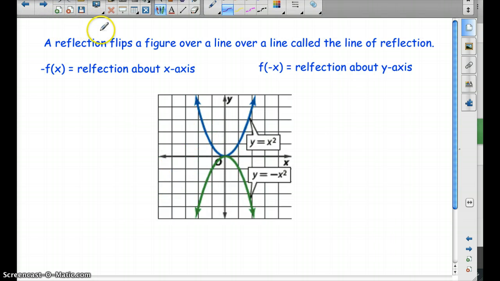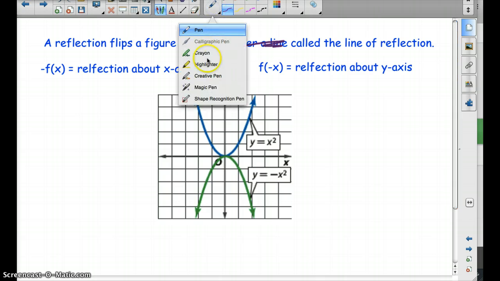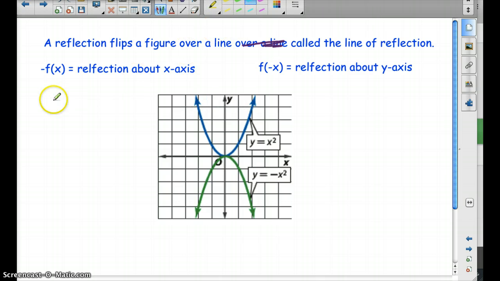A reflection flips a figure over a line called the line of reflection. And if we have a negative on the outside of our function, then it is a reflection about the x-axis.